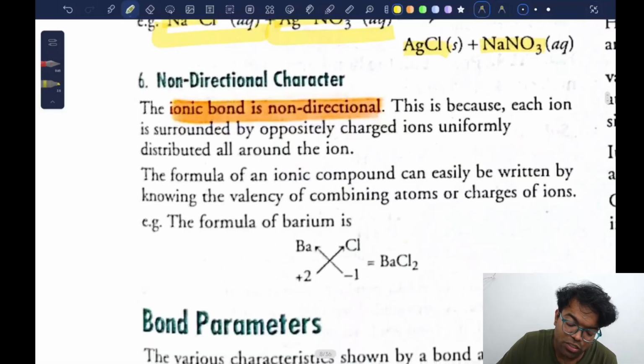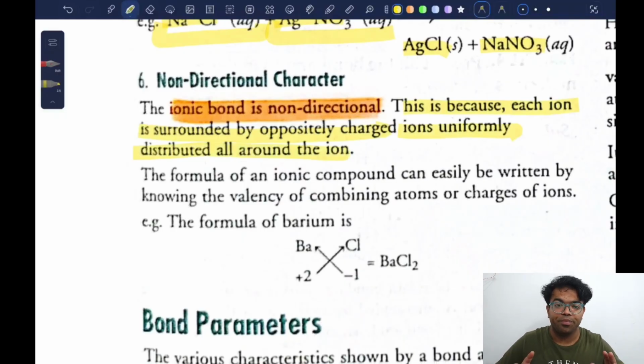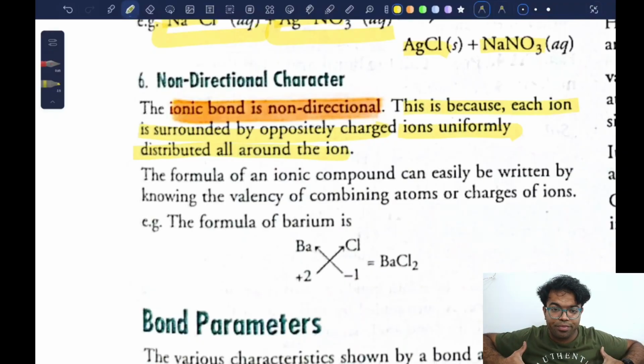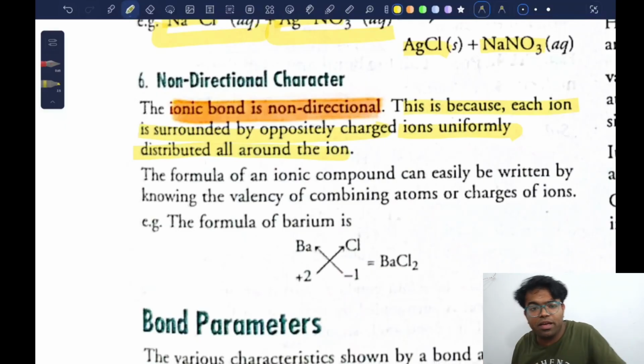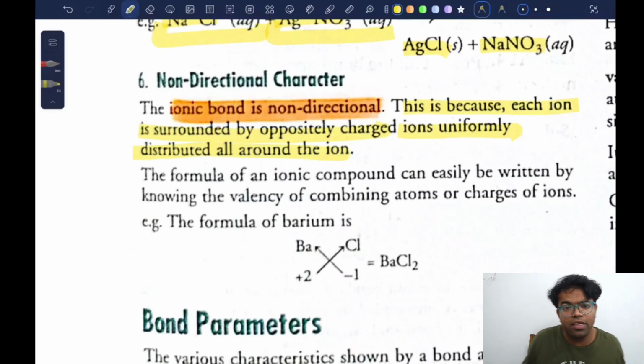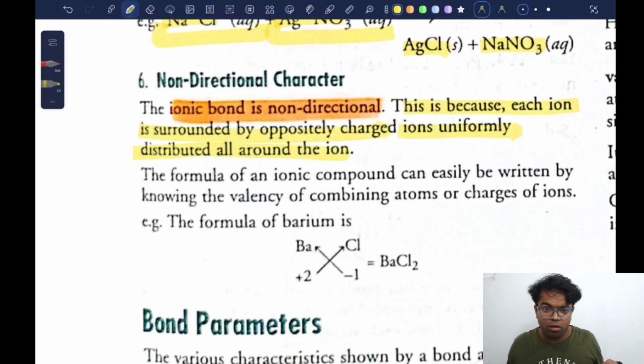Next, non-directional character. The ionic bond is non-directional. This is because each ion is surrounded by oppositely charged ions uniformly distributed around them. What does it mean? If I am sodium, I will have a chlorine here, here. So basically, the chlorine, if it tries to pull me here, this chlorine is also trying to pull me in this direction. Attractive forces. So I'm not going here or here. Similarly, there is a sodium in front of me and a sodium behind me.